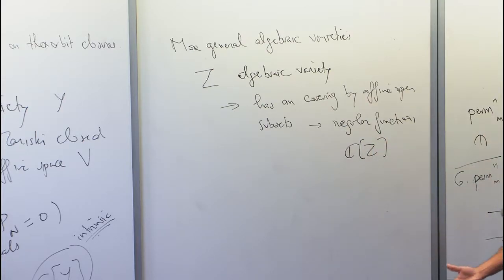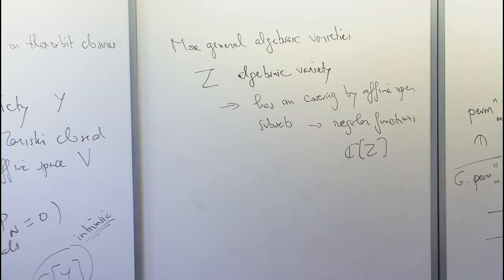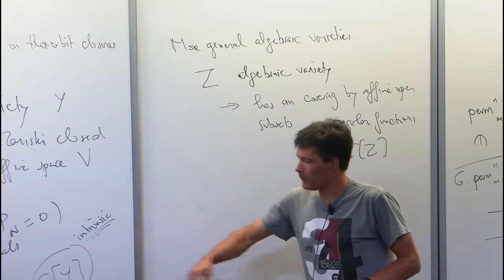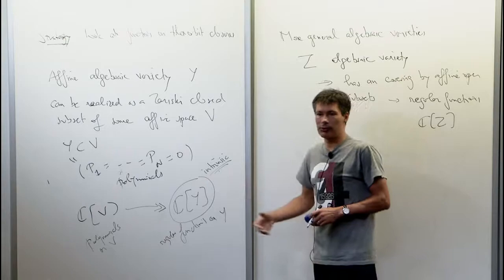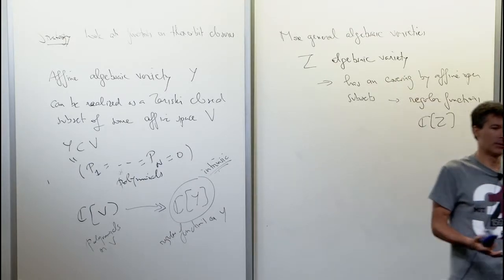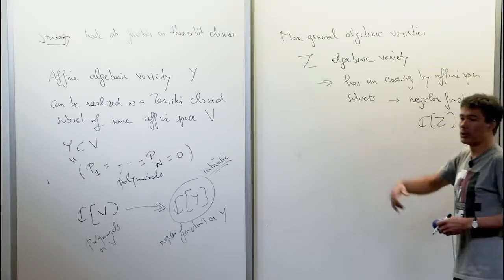Which means that they're just polynomials. So you have your variety, and these regular functions are polynomials when you restrict them to some open subset and embed this open subset in some affine space. The point, and this will be important in this discussion, is that you can have an affine algebraic variety, but see it as an algebraic variety, and a priori not see it as being defined by polynomial equations.